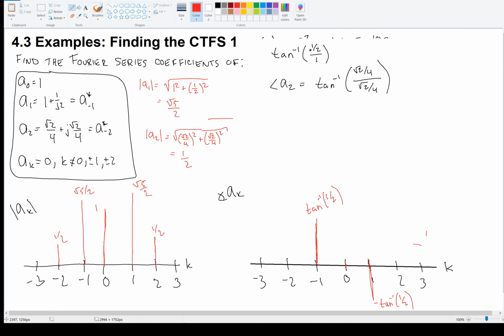That's 45 degrees, pi over 4. Okay, and A minus 2 is the complex conjugate of that. So the angle of A minus 2 would be minus the inverse tangent of 1, basically. So that would be minus pi over 4. And the rest are 0.